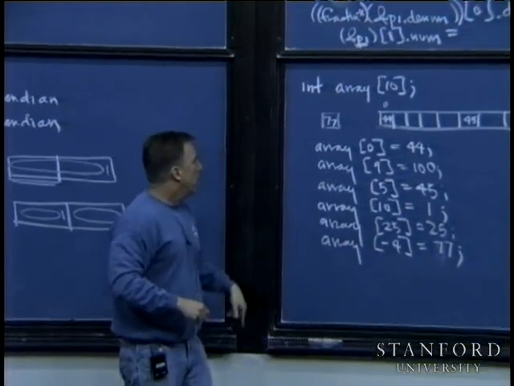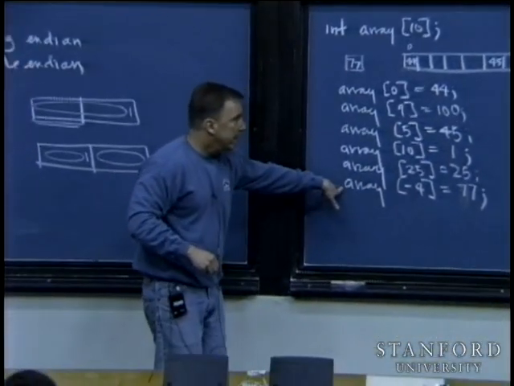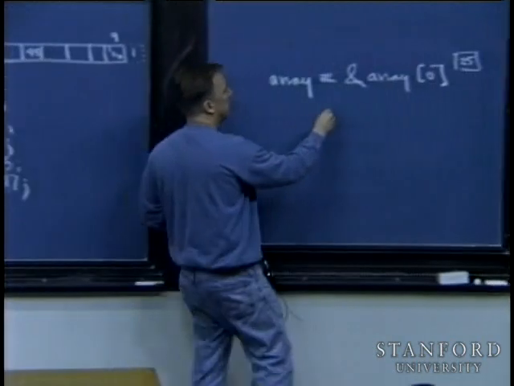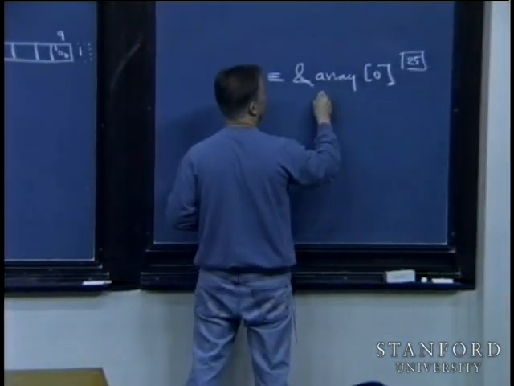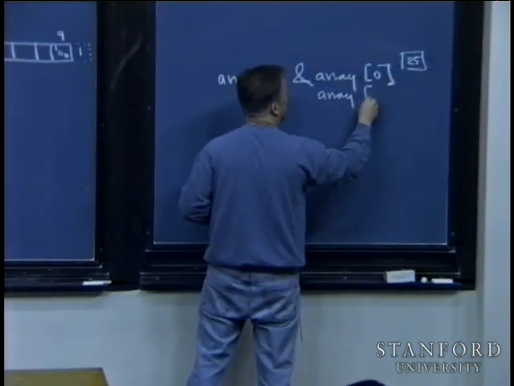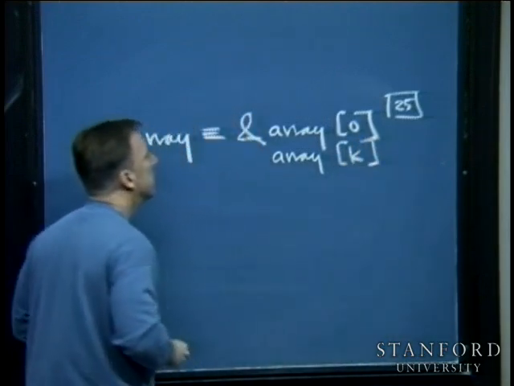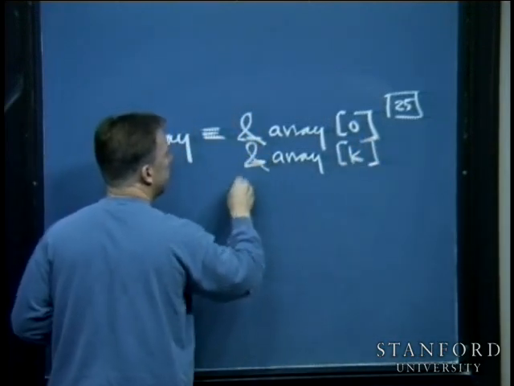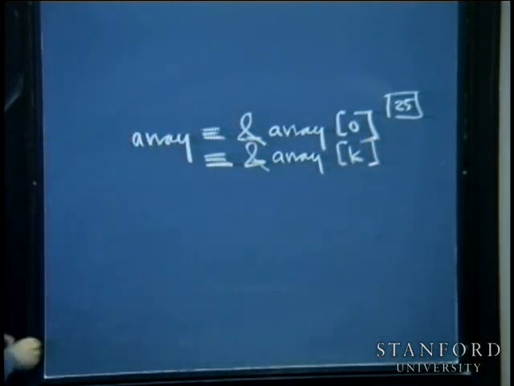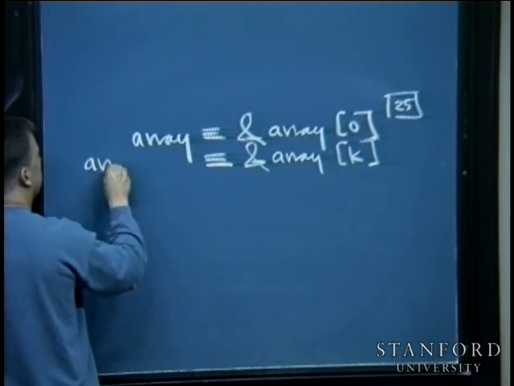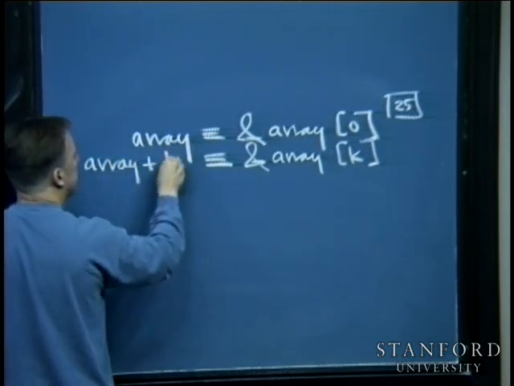When you do this right here, let's say array of k, where k is an arbitrary integer, the address of that thing is completely synonymous with this right here. You did not see this all that much, if at all, in 106.